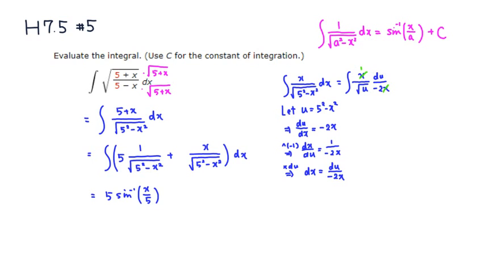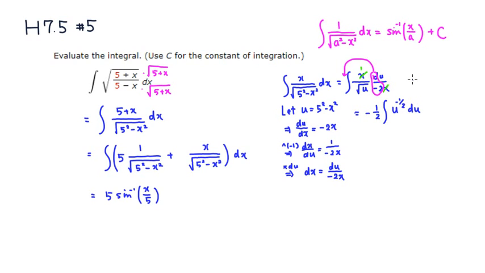Then we can pull out the negative 1/2, since it's just a number, in front. So you're going to get negative 1/2 times the integral of 1 over the square root of u, which is u to the negative 1/2 power, with respect to u.